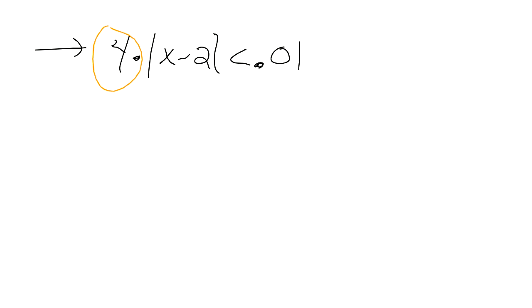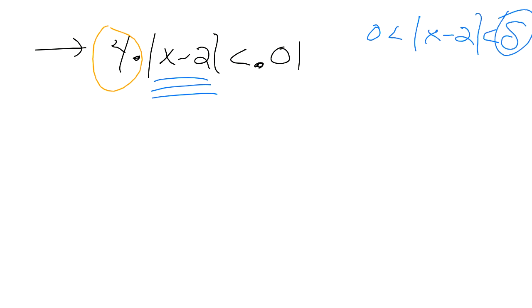But then really what I want is to have something for that absolute value of x minus 2, because remember what we had before was 0 is less than the absolute value of x minus 2 is less than delta, and I need to find that delta.